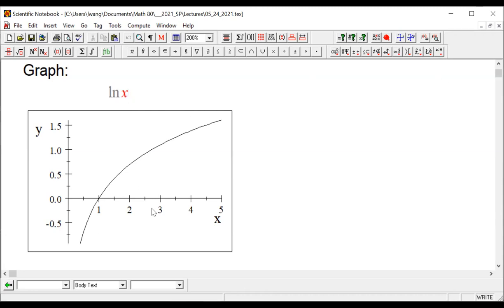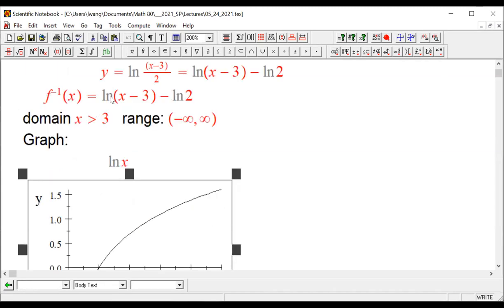But when it comes to graphing ln of x minus 3 minus ln 2, this will be a shifting down by ln 2 units. Natural log 2 is a single number, and you shift it down from ln x minus 3.